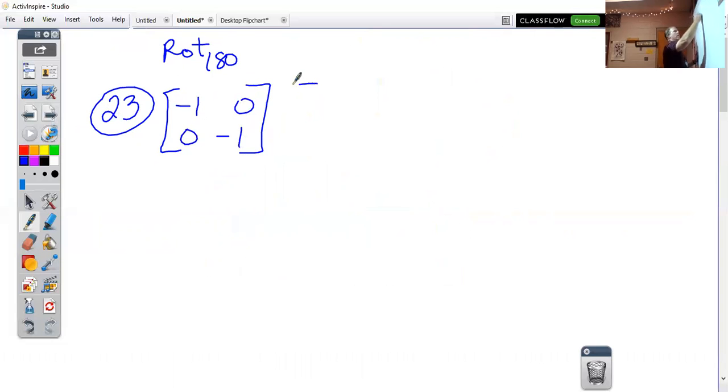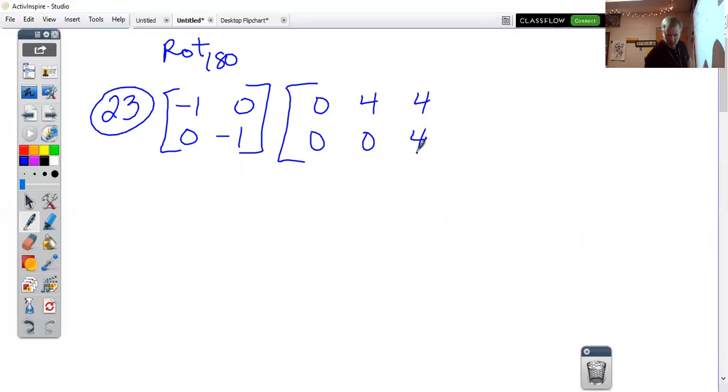All right. So we're going to multiply that by our points, and it's a square. We've got 0, 0, and 4, 0, and 4, 4, and finally 0, 4. What was this named? OPQR.